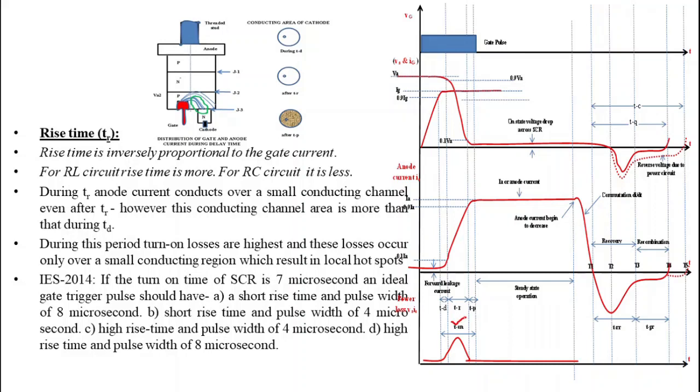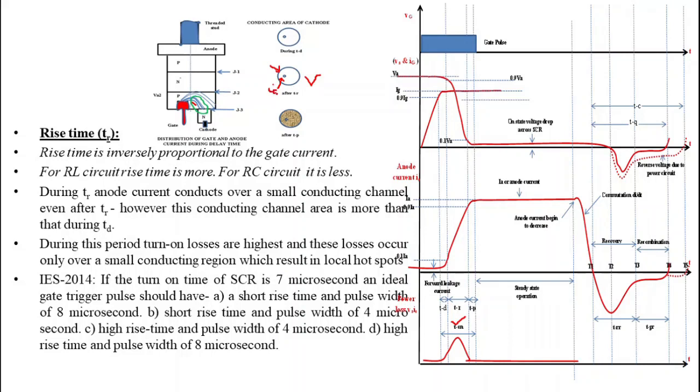Now what happens inside the thyristor? From the beginning of rise time, anode current starts spreading, but it is not able to spread over the entire cross section of cathode. So during rise time also, anode current conducts over a very small area. Here this circle denotes the conducting area of cathode, while this small dot inside it denotes the conducting area of anode current.